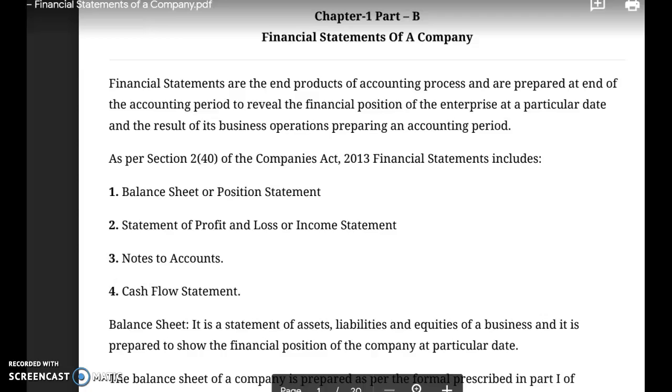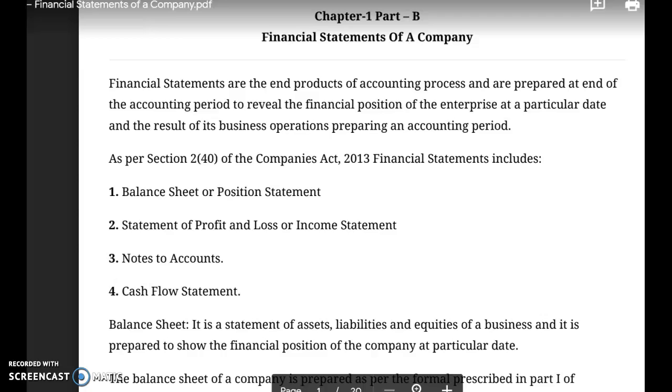CBSE may ask you under which head the share premium account will be shown, or where you will show trade receivables. Then you have to give 2 answers, that is, under which heading it is shown and under which subheading it is shown. Please keep in mind that unless you write both, that is, under which heading it will come and under which subheading it will come, CBSE will not give you any mark.